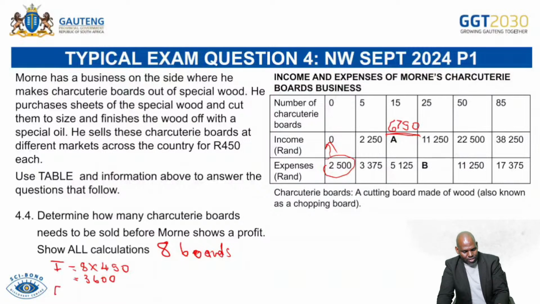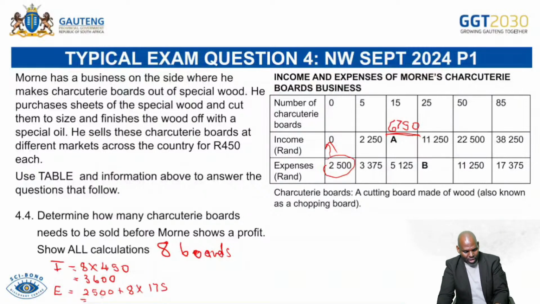Then expenses. If I check expenses using 8 boards, the expenses will be 2,500 plus 8 multiplied by the cost price. The cost price was 175. So this will give us 8 times 175 plus 2,500.